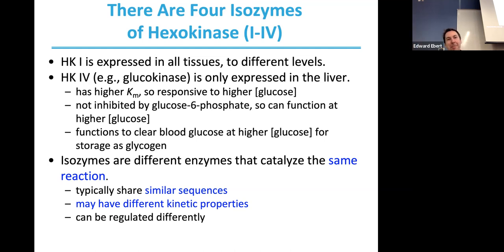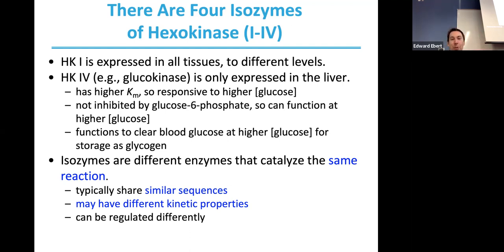When we talk about hexokinases, there are 4 particular isozymes that are expressed in different tissues. They catalyze the same reaction, but they have different rates. So hexokinase 1 is in all tissues, at different levels.